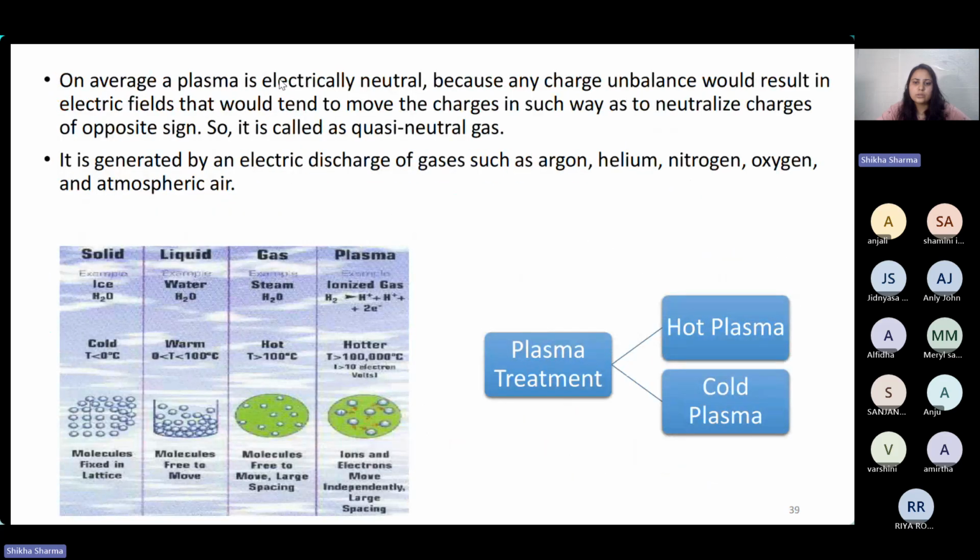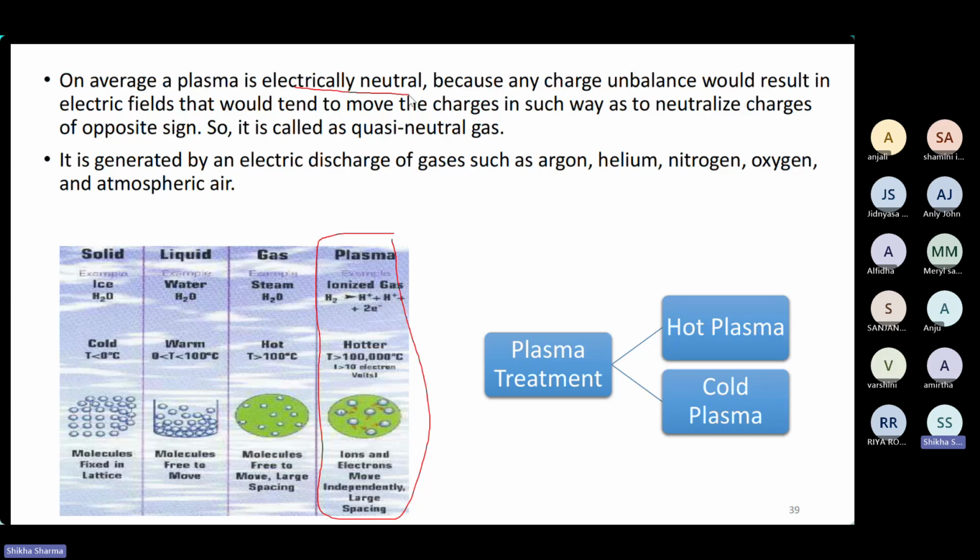On average, plasma is the fourth state of matter. It is basically electrically neutral, because any charge imbalance would result in an electric field that would tend to move the charges in such a way that it neutralizes the overall charge of the opposite sign. So it is known as a quasi-neutral gas.